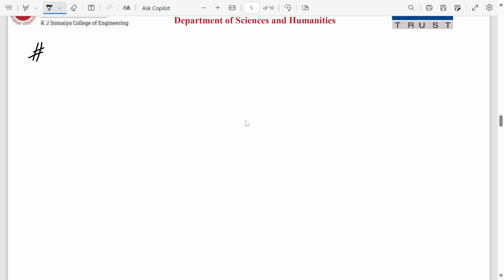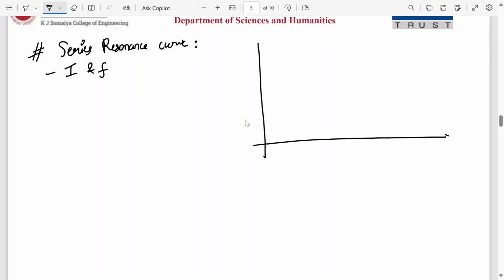Series resonance curve. It is a curve between circuit current I and frequency F. So I will draw the current on the y-axis and frequency on the x-axis.